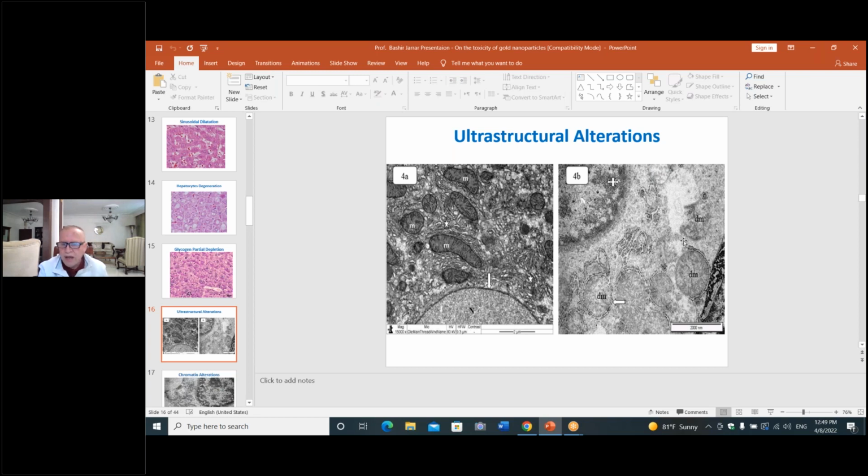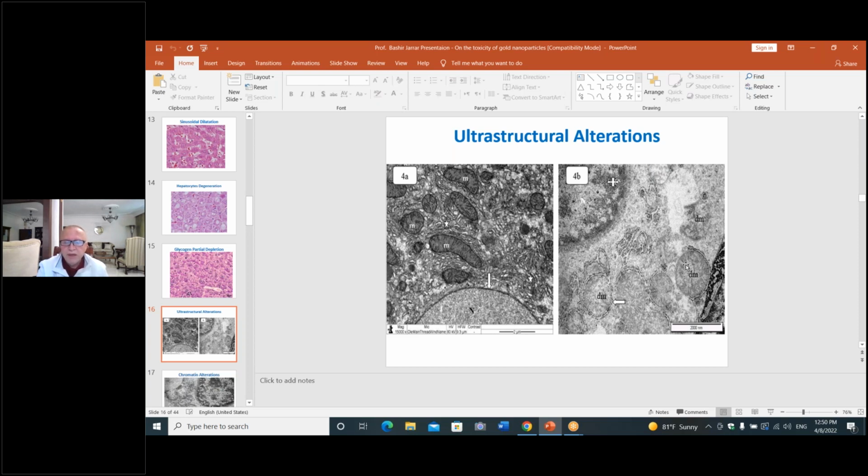So this is the picture of the normal hepatocytes. In the hepatocytes of treated animals, you see that here we have a swelling of the mitochondria, breaking down, and damage of the cristae. The cristae is where the cell respiration is, where the conversion of glucose into ATP occurs by different stages.